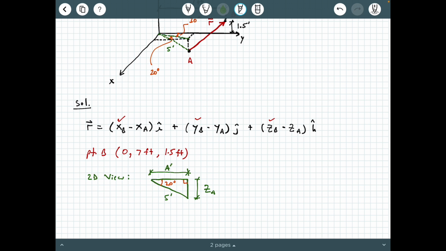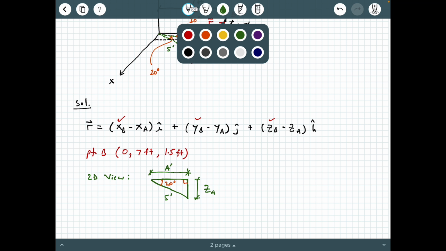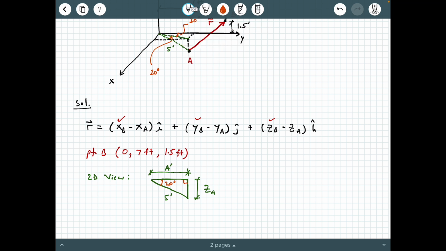And here I can do some right triangle trigonometry to solve for these, right? So what can I do here? Well, I can say A prime is going to be equal to 5 feet times the cosine of that 20-degree angle. And then z sub A is 5 feet times the sine of that 20-degree angle.